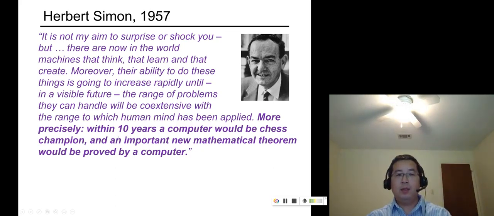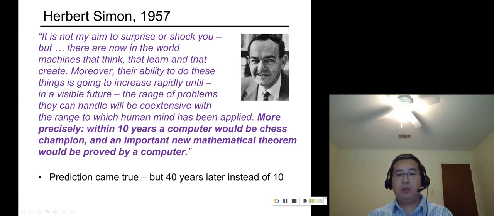And important, that means we can use it to prove mathematical theorems as well. But in fact, in practice, this prediction came true only after 40 years, not 10 years. So this is too optimistic.